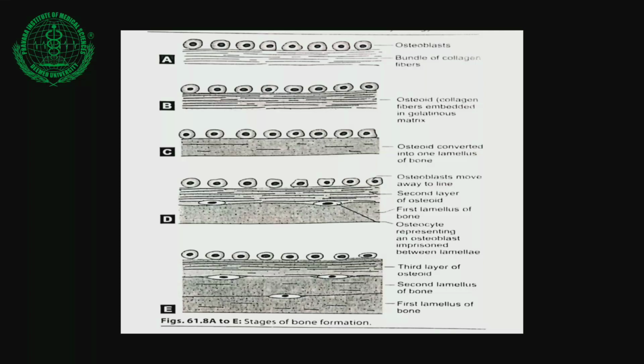All human beings gain bone in early life, but the peak of the total bone mass is attained between the age of 25 to 35 years. After the age of 40, the bone mass decreases. And this is called involutional osteoporosis.